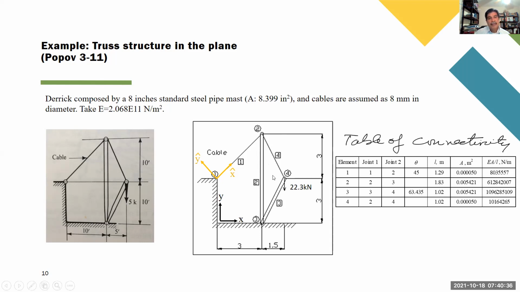For example, it may happen that you connect element 1 and element 4 and don't connect it to element 2. That's an error. That's very common, right, Isaac? Yes, doctor. The connection is very important. It's very important. So even though you don't have to prepare this table, you have to be certain that if you have a connection here, the three elements, or whatever number of elements at that point, do indeed connect between them.